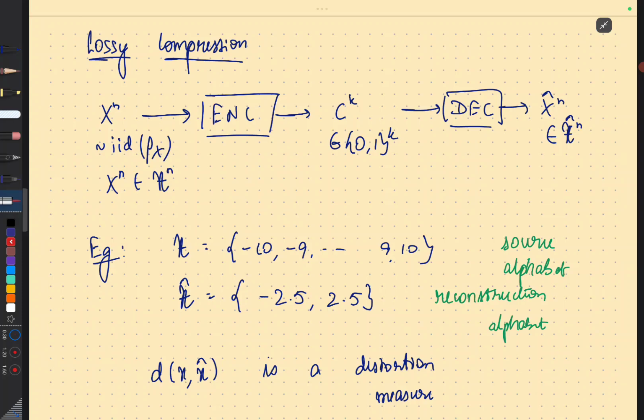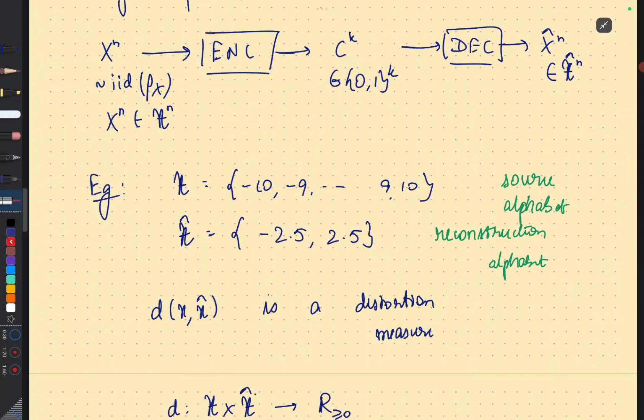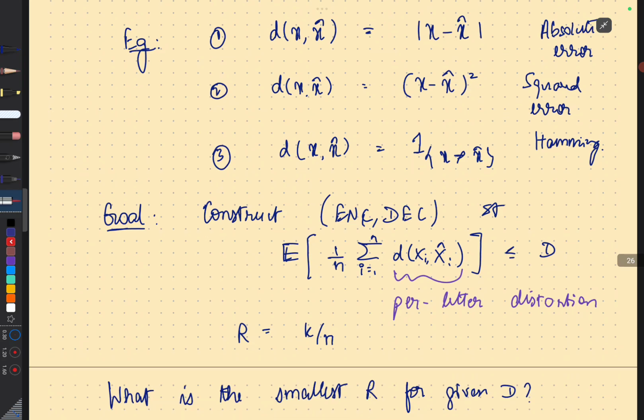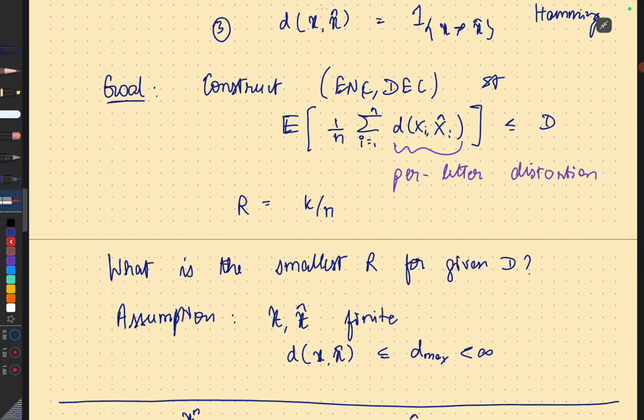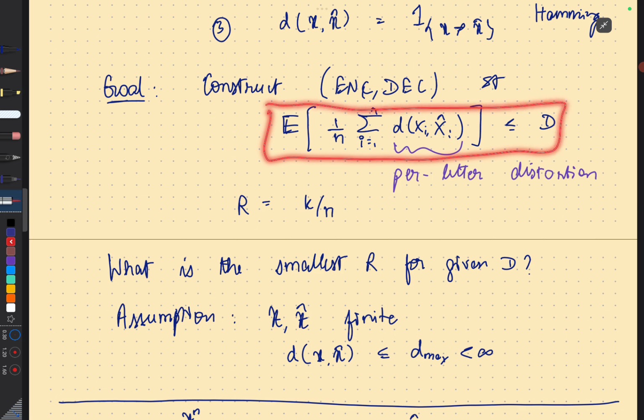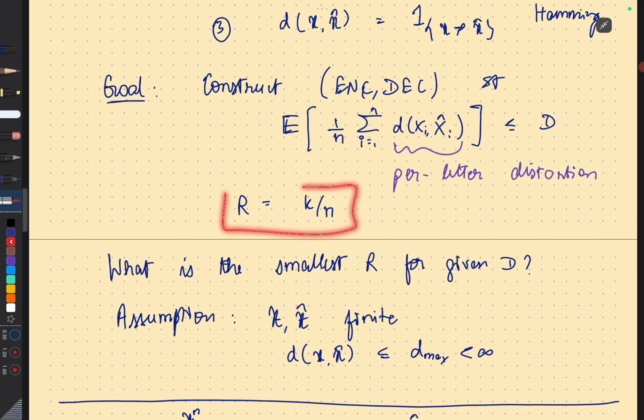The way we measure closeness is through this distortion. And the goal is to design a lossy compression scheme for which the average distortion is less than or equal to d, and the rate, which is k over n, is as small as possible.